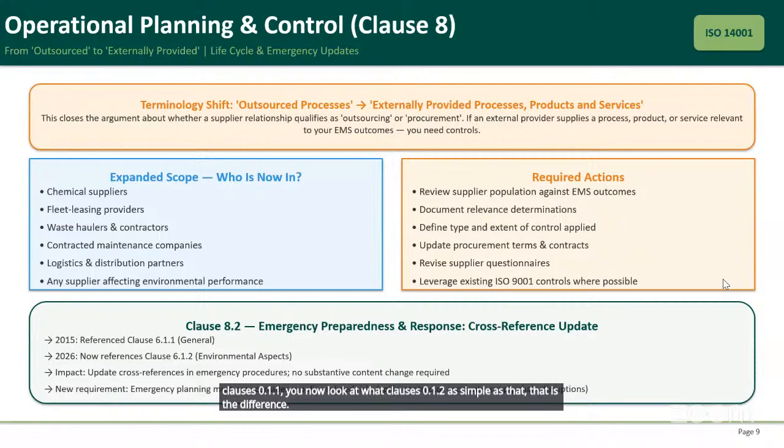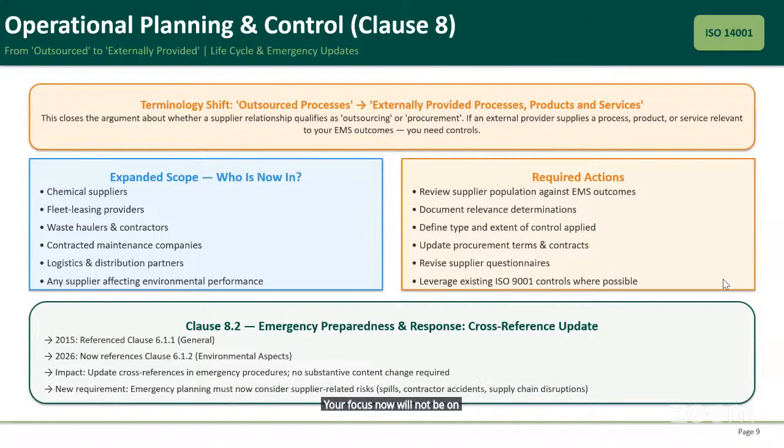Your focus will now be on clause 6.1.2, and I'm talking about the new version. So when you look at clause 8, I'm trying to open clause 8 for you now.